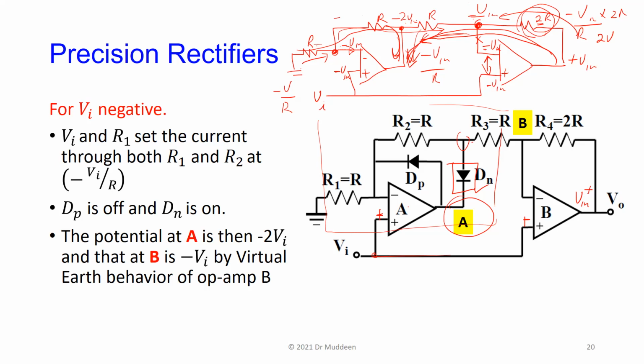So draw it over, and if this is open circuit and this is short circuited, then if Vn is positive, this particular op amp is out of the circuit.